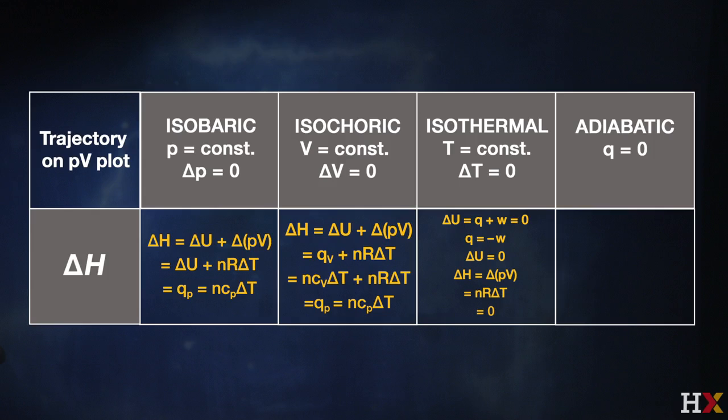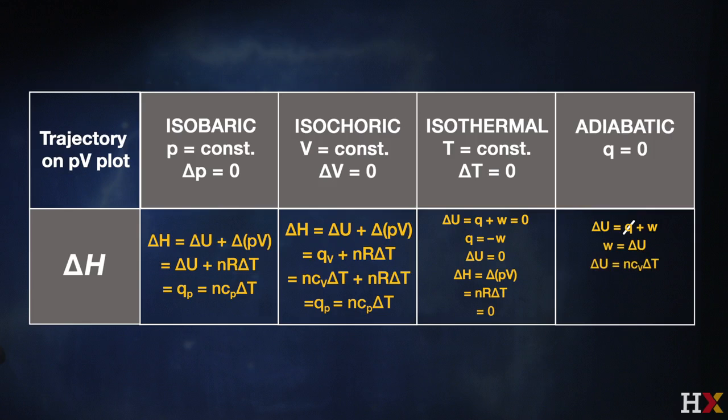Now, the adiabatic pathway. So we have delta U is equal to Q plus W. If Q is equal to 0, then the work term is identically equal to the change in internal thermal energy of the system. And we know exactly how to calculate that. That's the number of moles times the specific heat capacity at constant volume times the change in temperature.